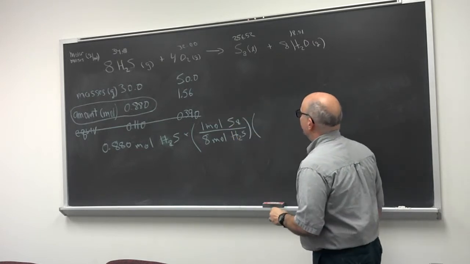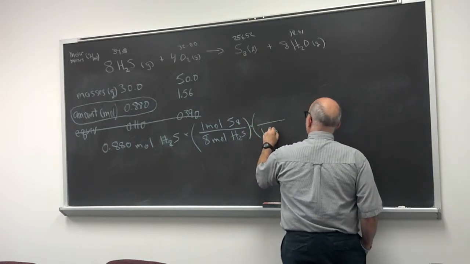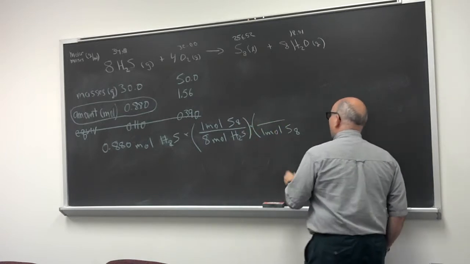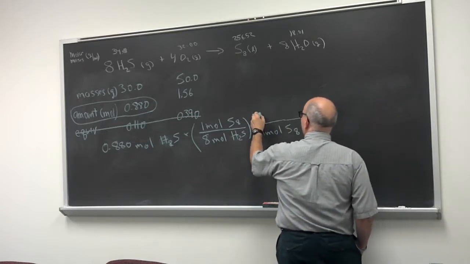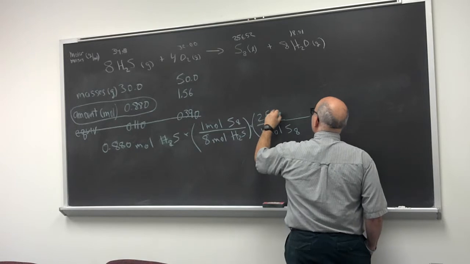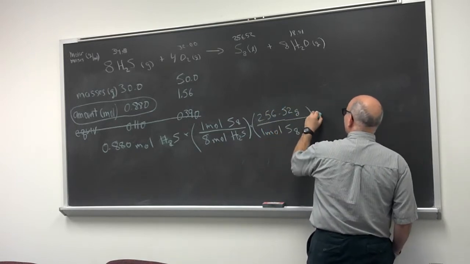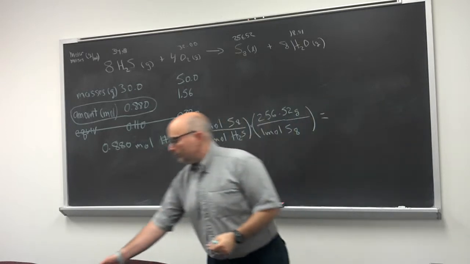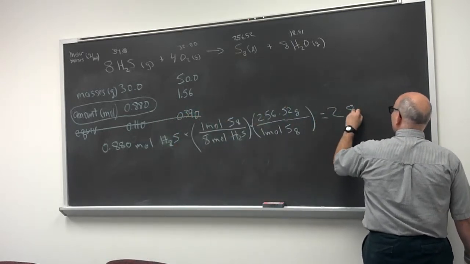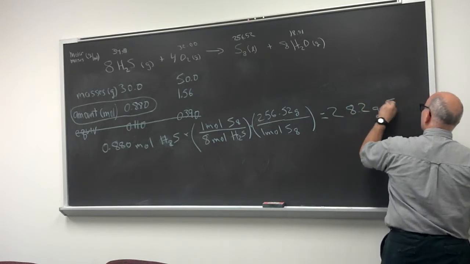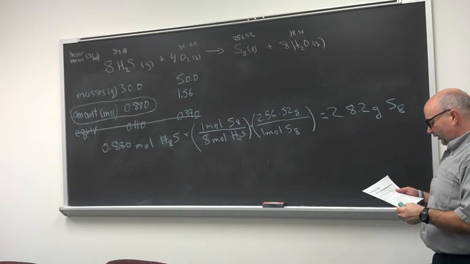And we've already calculated that each mole of S8 that is produced has a mass of 256.52 grams. If we punch all that through, we can expect the production of 28.2 grams of S8.